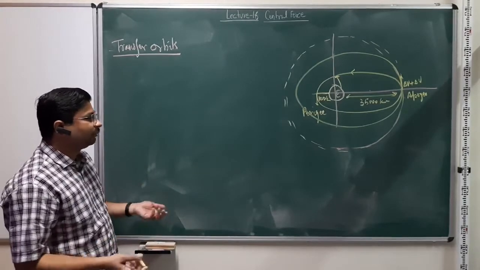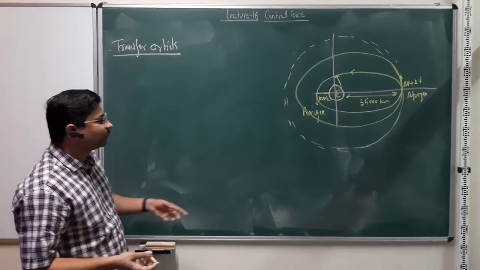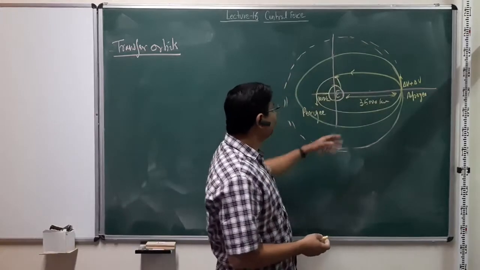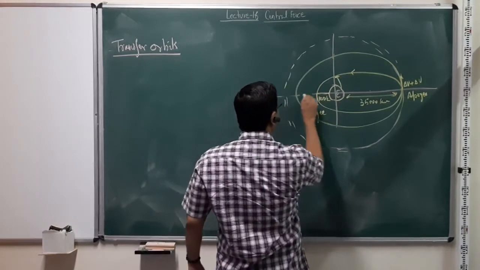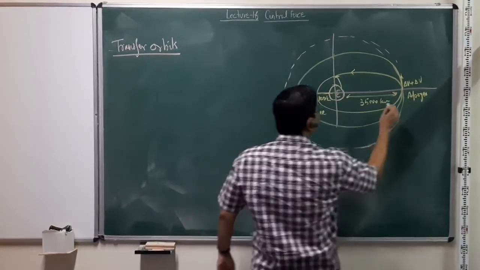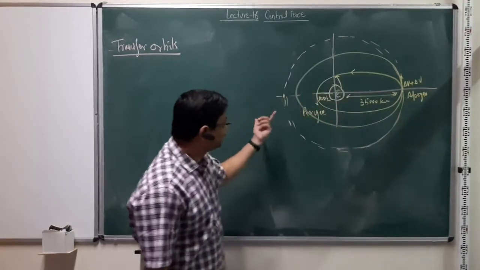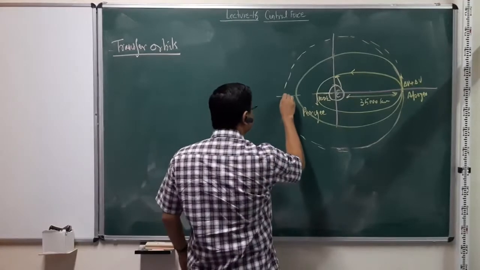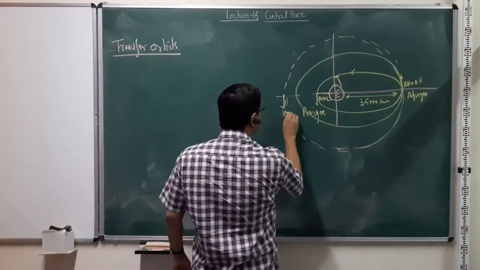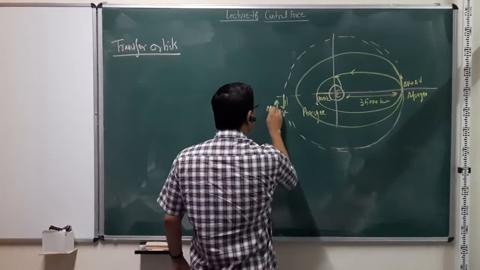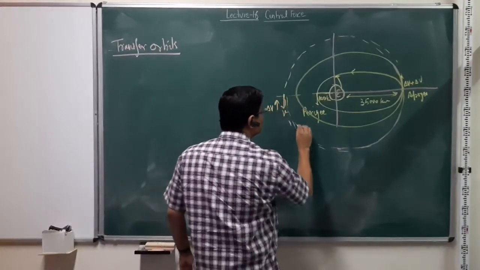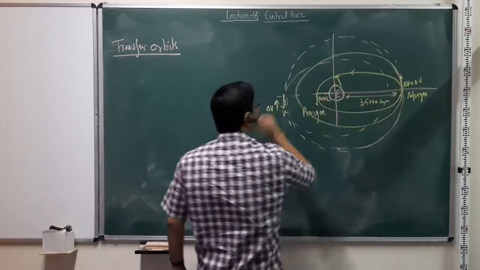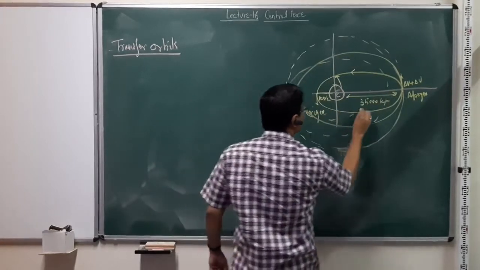In fact, we can also do this: suppose the satellite is in this orbit, and we want it to fall back on Earth. Once it's in circular orbit, it doesn't matter which side. However, at a particular location, since it's going like this, we can give it a reverse thrust to slow down its speed, and once we have slowed down its speed, it will start going into this elliptical orbit, right?